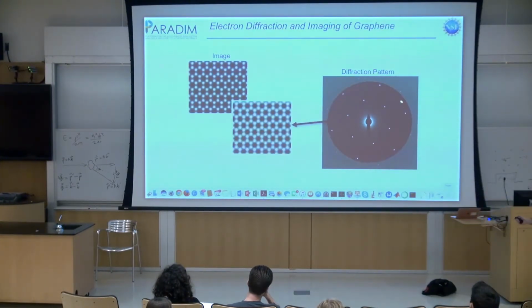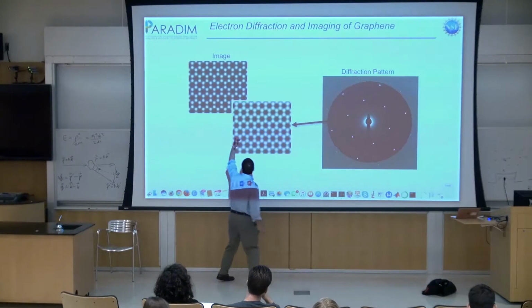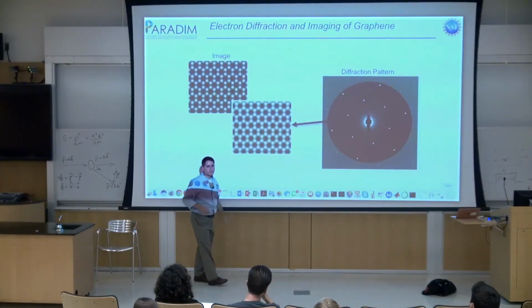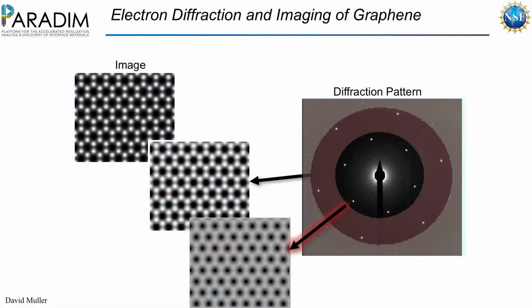So this would be an ideal image of graphene. If I let through all of these diffraction spots, the first ring and the second ring, I get to see the spacing. This spacing here is given by that second ring of diffraction spots. If I take out that second ring, you see that spacing goes away.